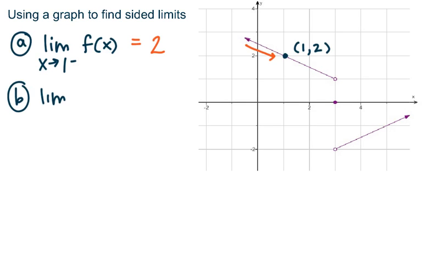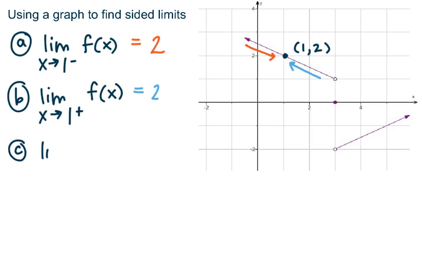Similarly, if I have the limit as x approaches 1 from the right of the function, approaching 1 from the right side, that value also goes toward 2.